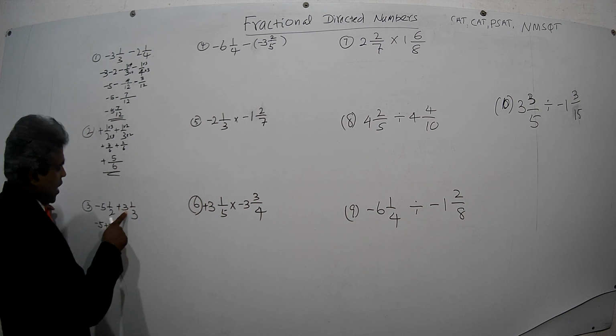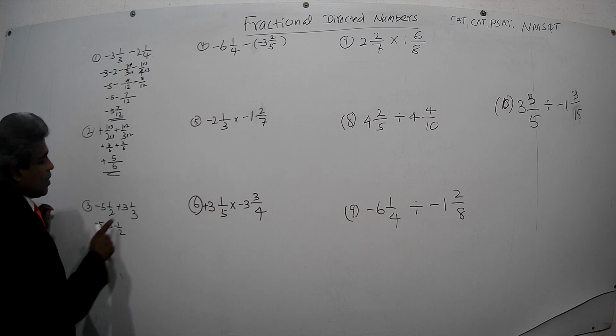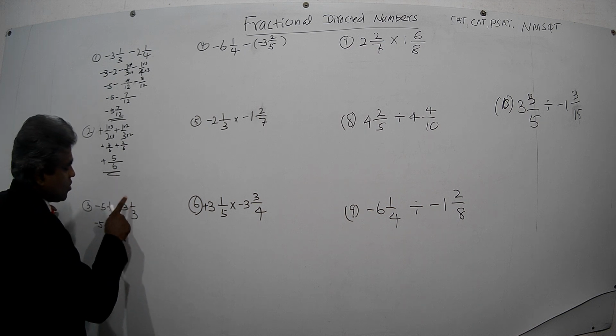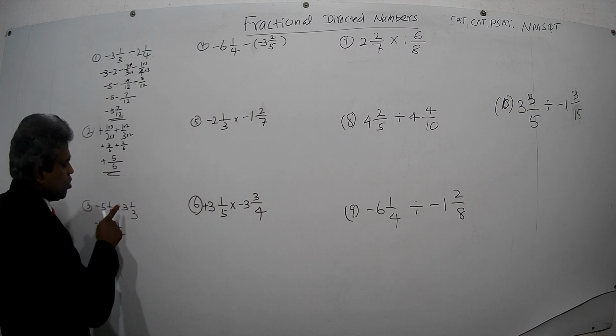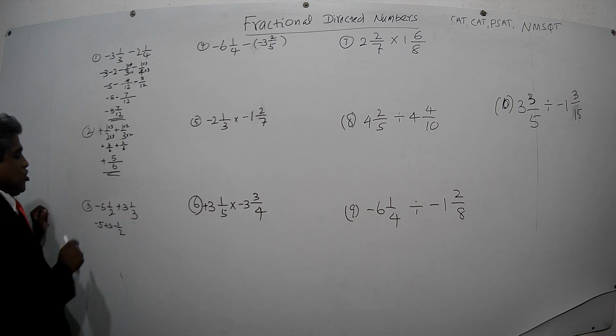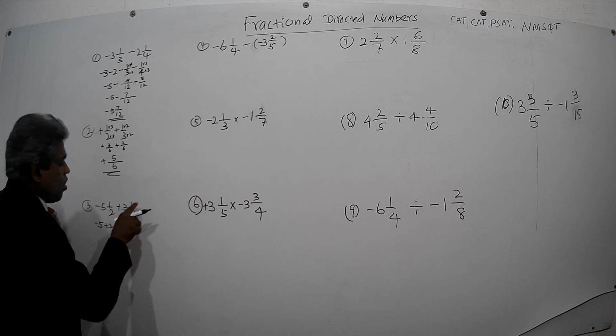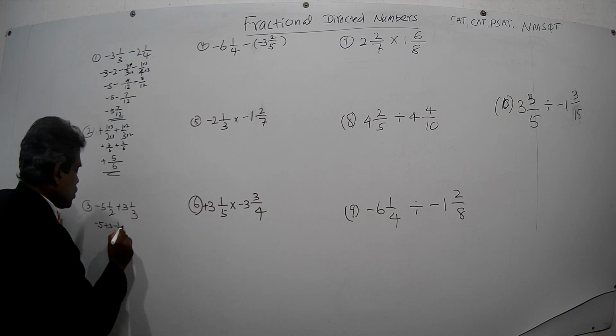This 3 has already been taken with minus 5, and what is left is 1 over 3 of this positive fraction. That 1 over 3 is also positive because the positive sign is for this whole fraction. Therefore 3 is positive, 1 over 3 is also positive. Therefore write positive 1 over 3.